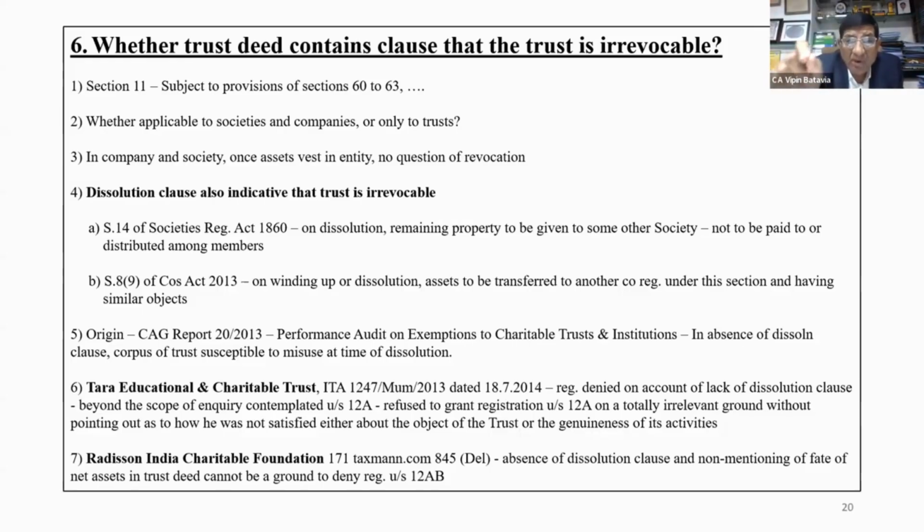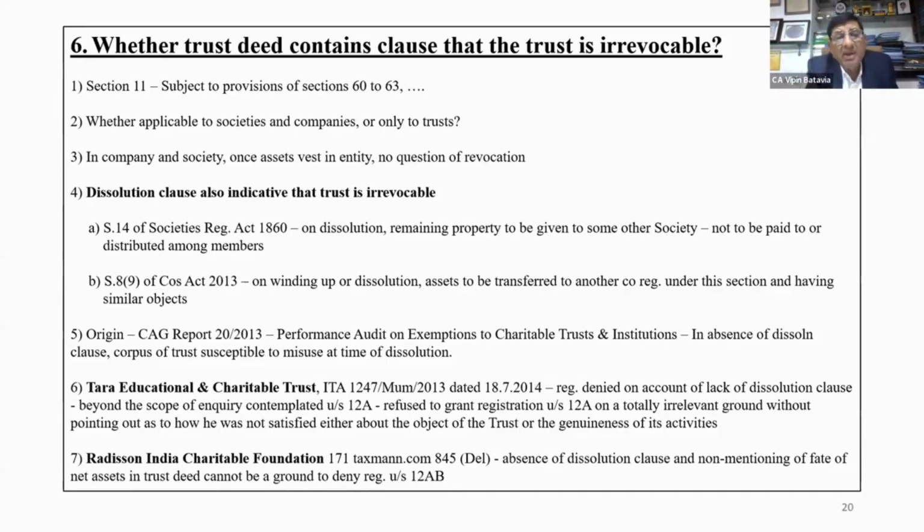So this irrevocable clause, there is no mention or requirement in the law. But Section 11 starts with 'subject to provisions of Section 60 and 63'. The application is made in India for the purpose of benefits in India. Whether it applies to societies or companies or only to trusts, the question arises.